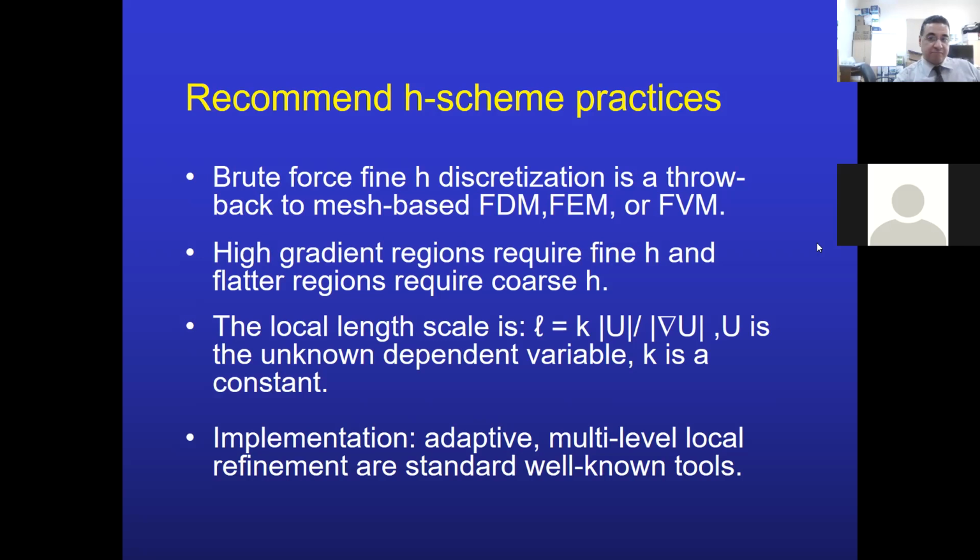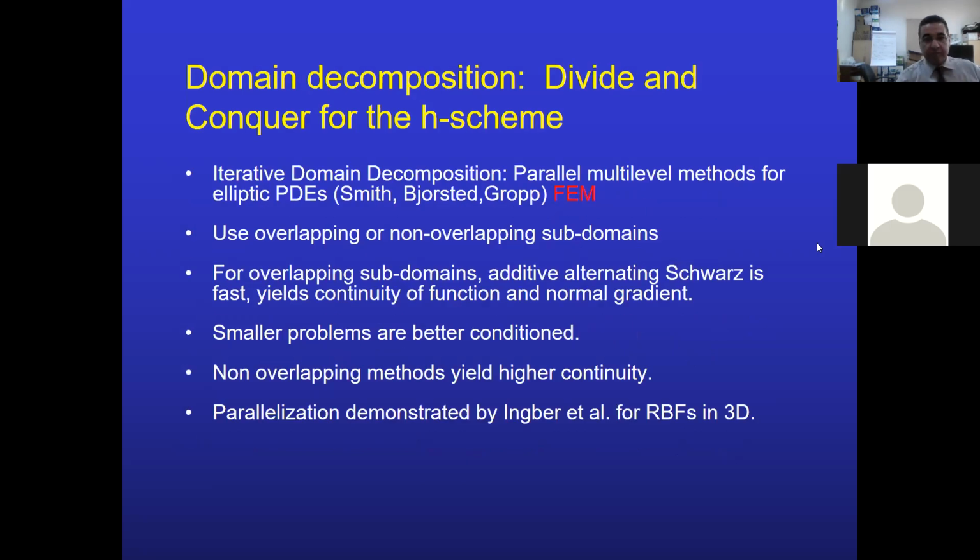If the gradient is very steep, then you need to use a very fine spatial scale. So you can use this sensing and the function, whether it's known or unknown, to get your level of refinement. Okay, next slide, please.